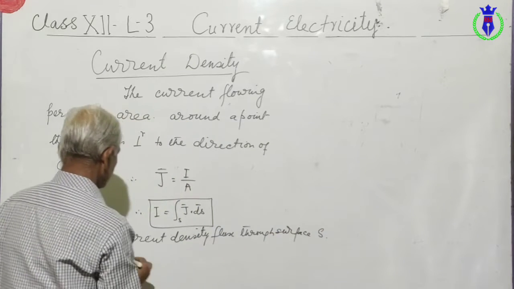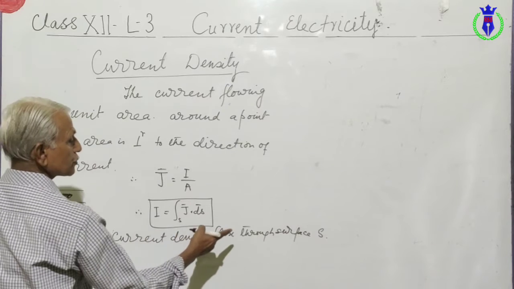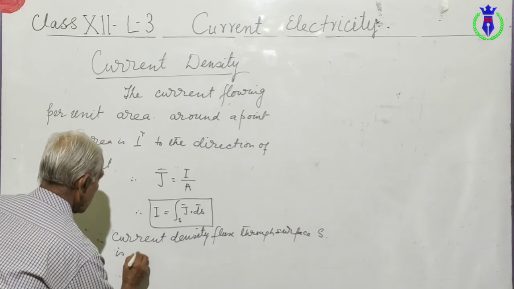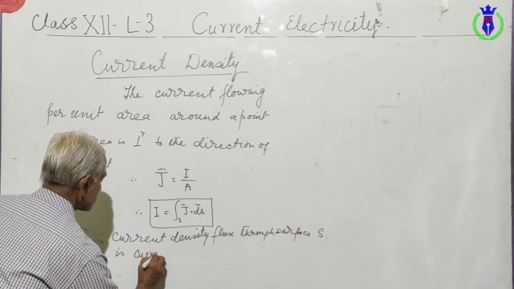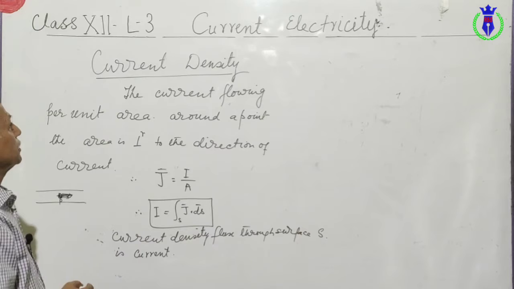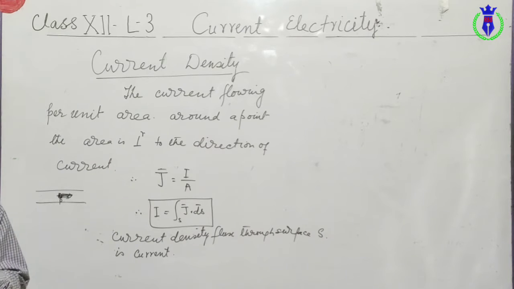Yes, current density flux through a surface is current. तो करंट की डिफिनेशन इस तरह भी हम इस करंट डेंसिटी के आधार पर दे सकते हैं.